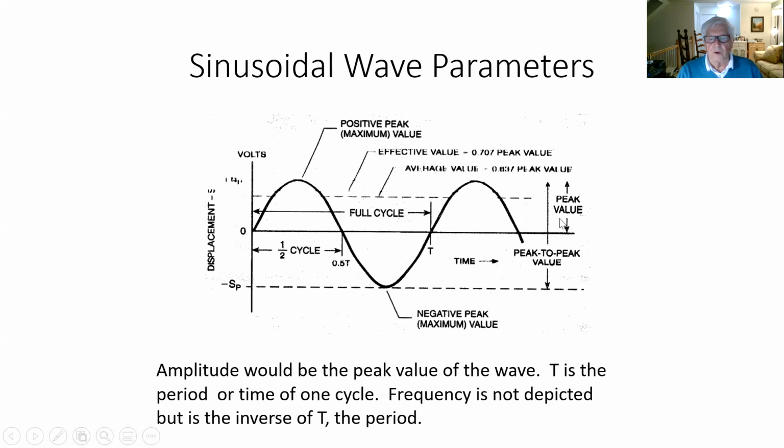We also know about peak values, peak-to-peak values, and somewhere in between is an RMS value, okay? The effective value is 0.707 of the peak value, which is basically how you can measure the energy, the power being used to create this.